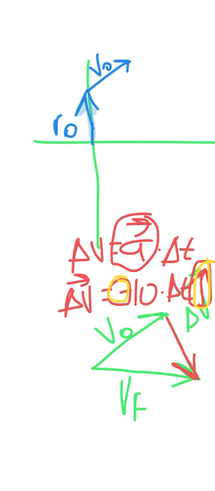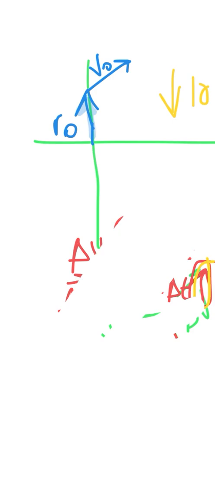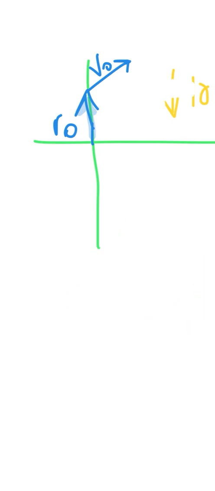That signifies that you're going down, 10 in the j direction. So now that we have that, we can move on to see if we can find any equation or formula for x of t.